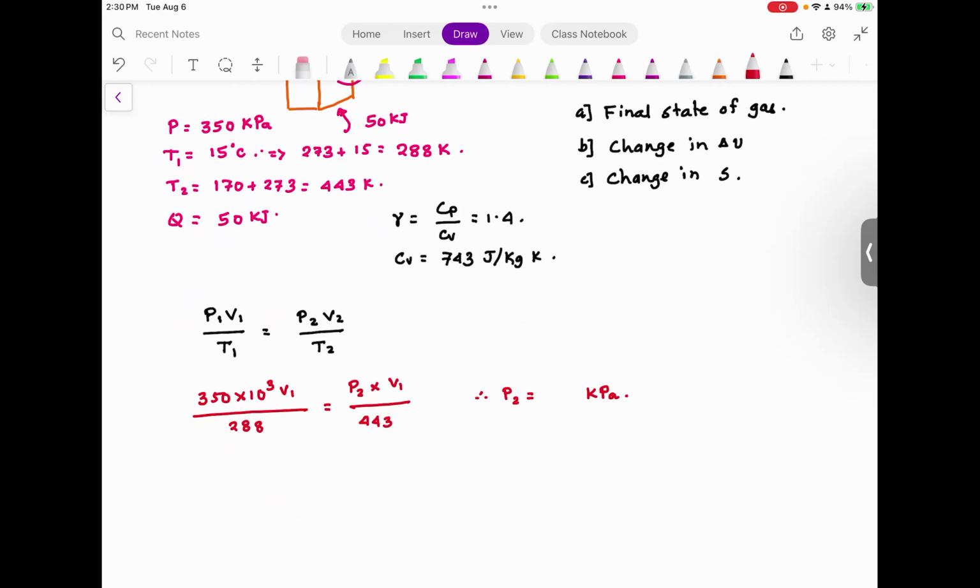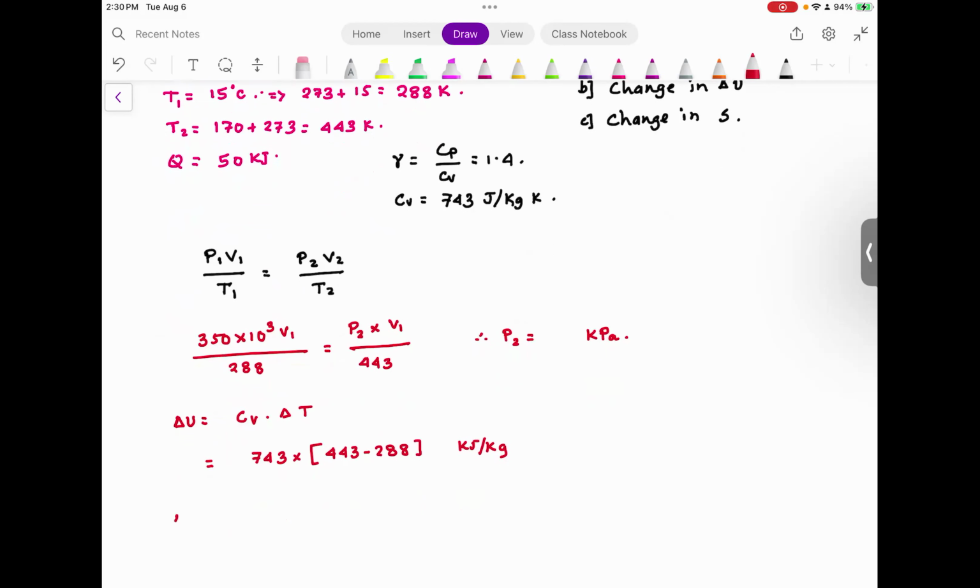Change in the internal energy, delta U, is equal to Cv times delta T. Cv for the gas is 743 multiplied by delta T, which is 443 minus 288, in kilojoules per kg.